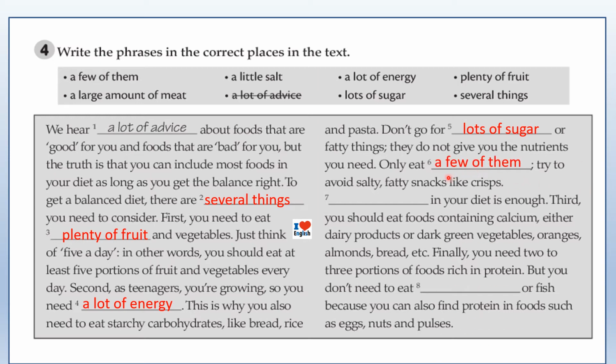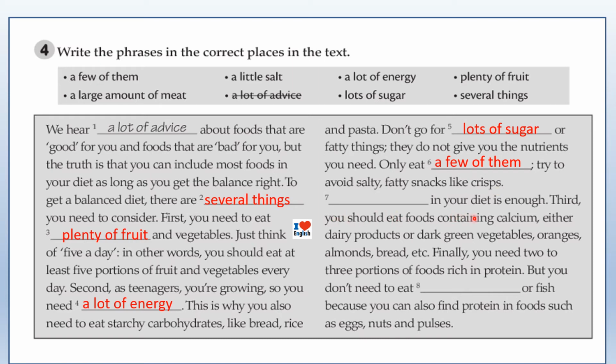Yes, a few of them. So they are also good foods. We can eat foods that contain sugar or fatty things, but in little amounts. So only eat a few of them. Try to avoid the crisps.